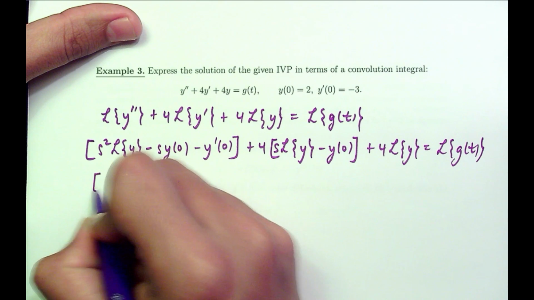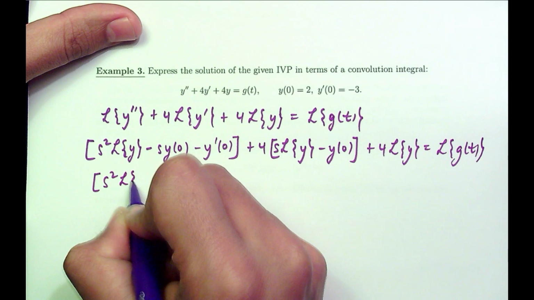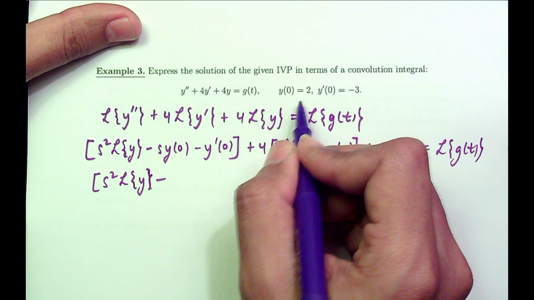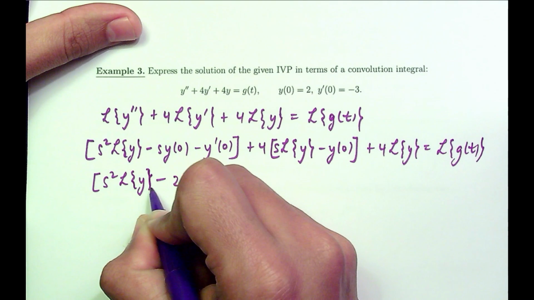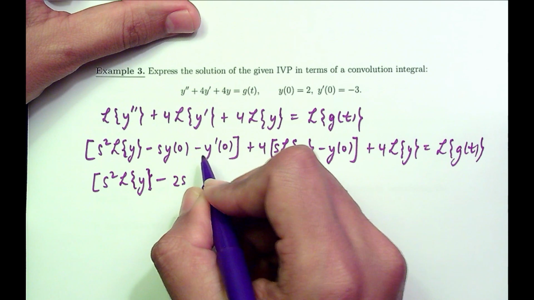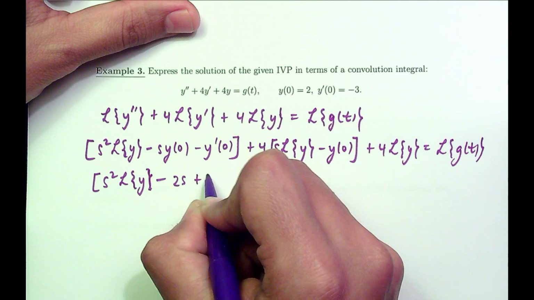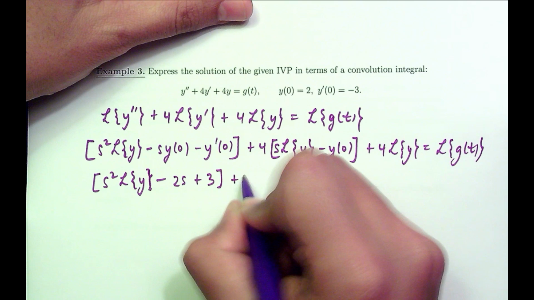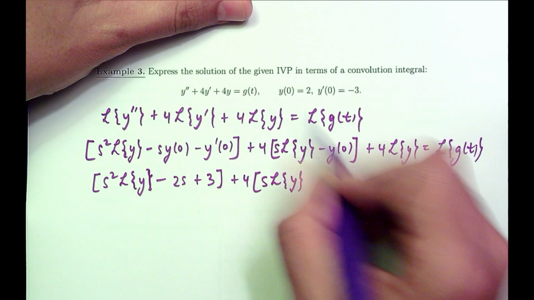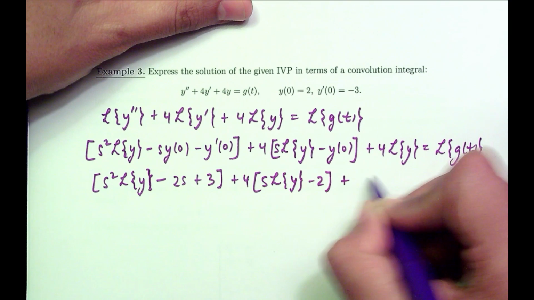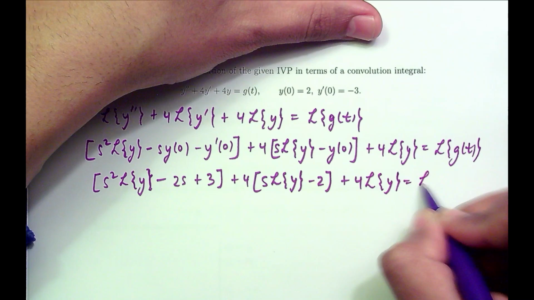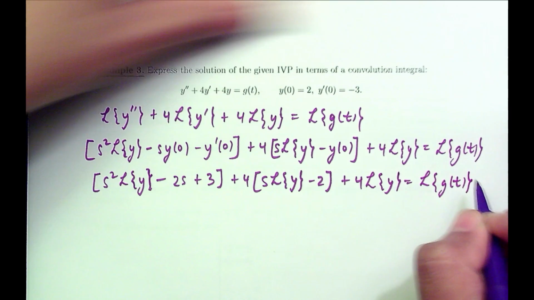This is s squared Laplace transform of y, minus 2s, minus negative 3, and minus a negative is a positive, so plus 3, plus 4 times s Laplace transform of y, and then y at 0 is 2, so minus 2, plus 4 Laplace transform of y, equals Laplace transform of g of t.